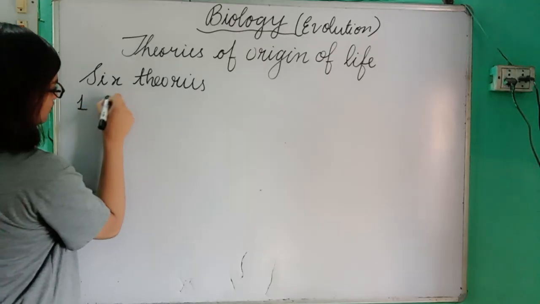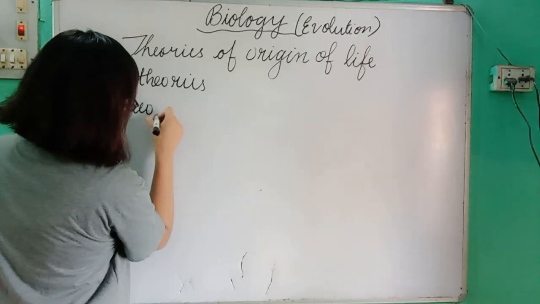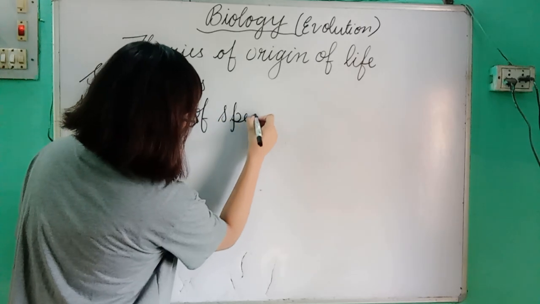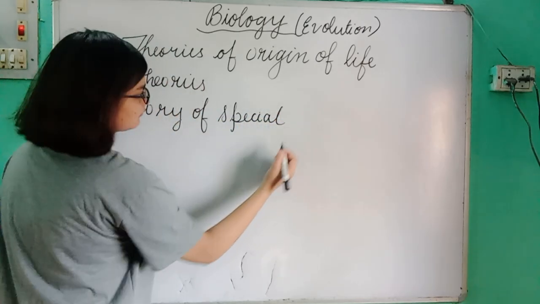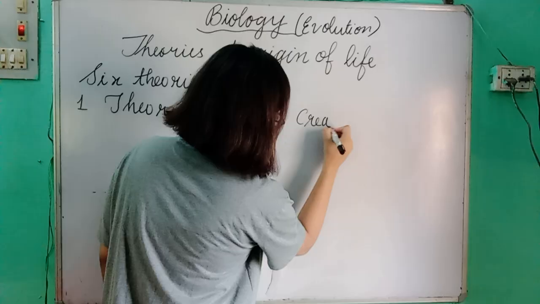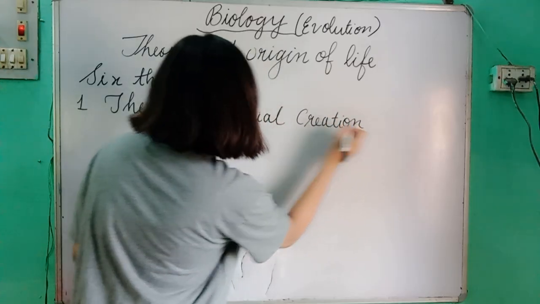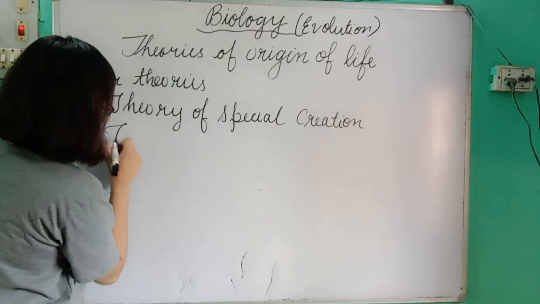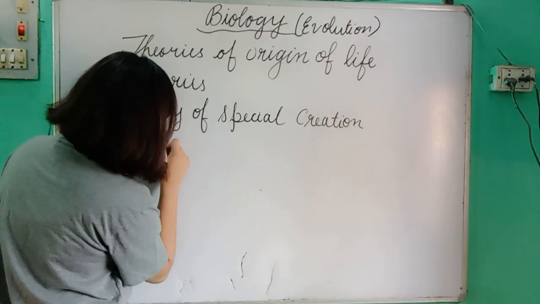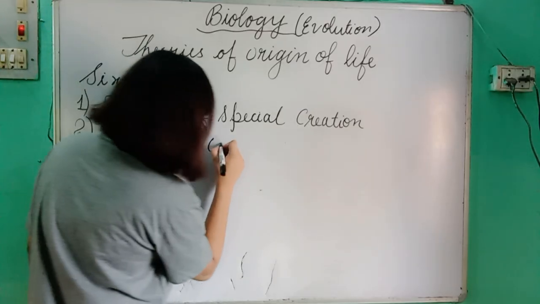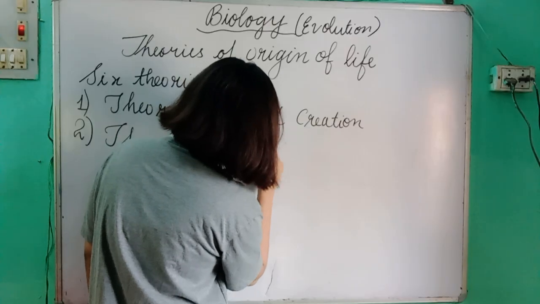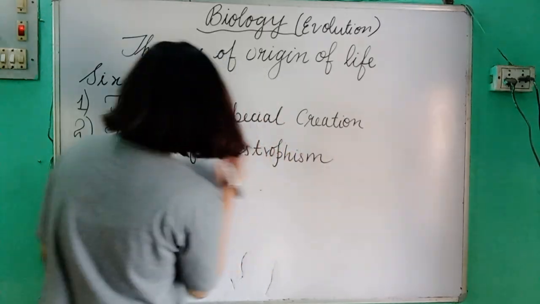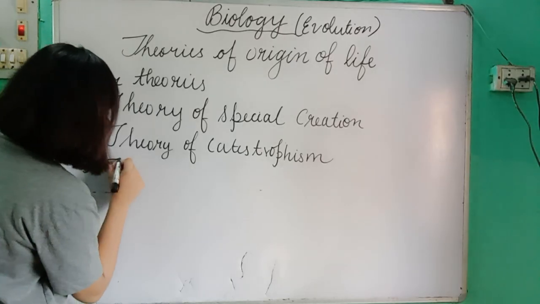Starting from the first one: theory of special creation, theory of catastrophism, theory of panspermia.